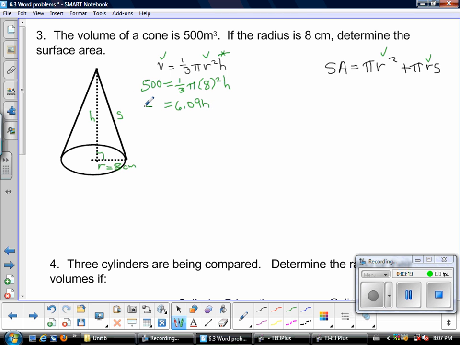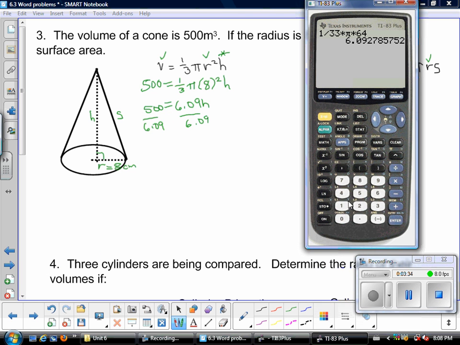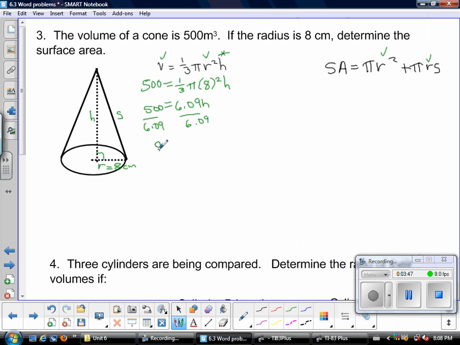Okay, and remember we're solving for our h, so we need to divide both sides by 6.09. And when we do that, we'll bring up the calculator again. So we have 500, and we're dividing it by the answer. So approximately 82. So this is 82 equals our height.